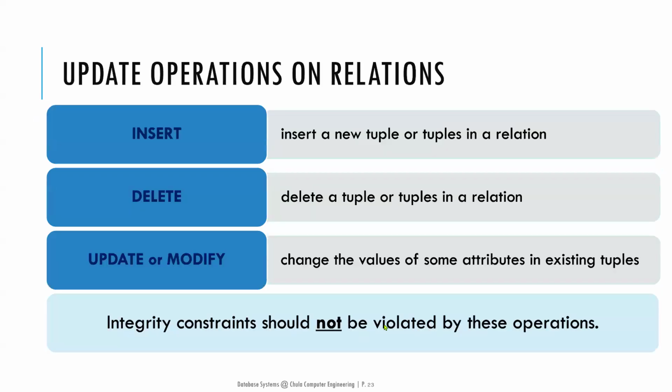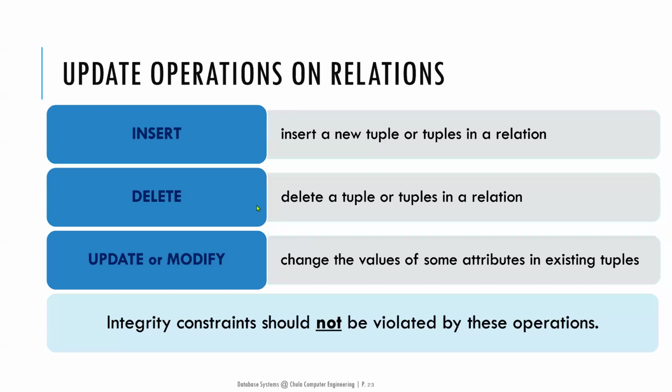Now, another thing we have to know about constraints is what happens when we do update operations on relations. For update operations, we can insert, that's one type of update, or we delete data, which is another type, or we modify the data.